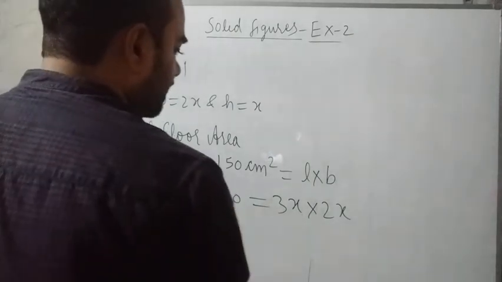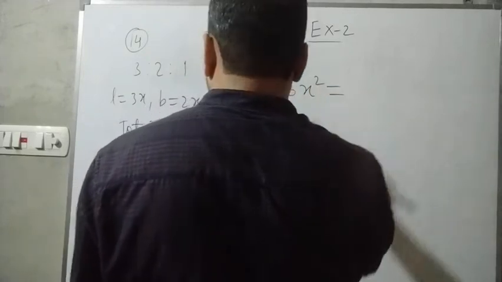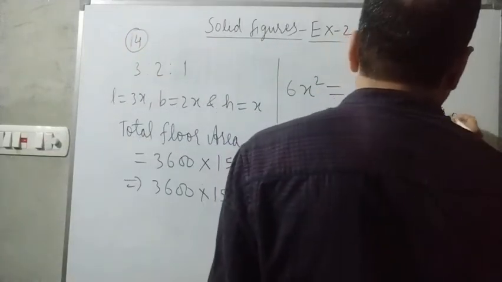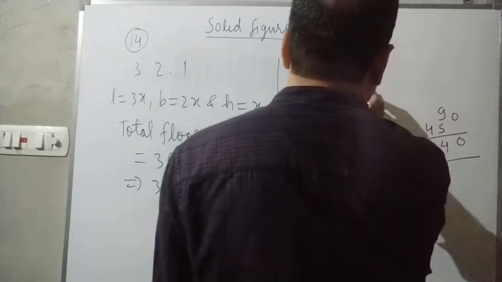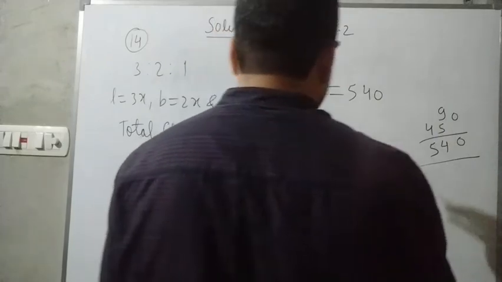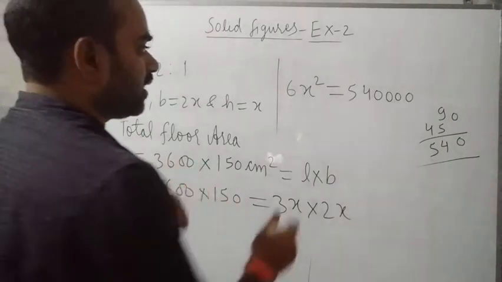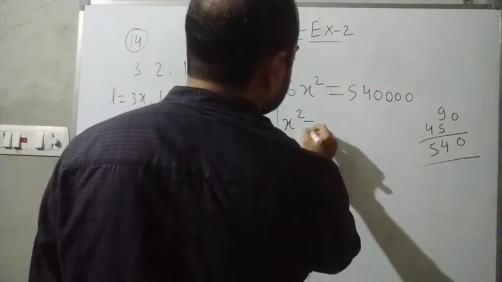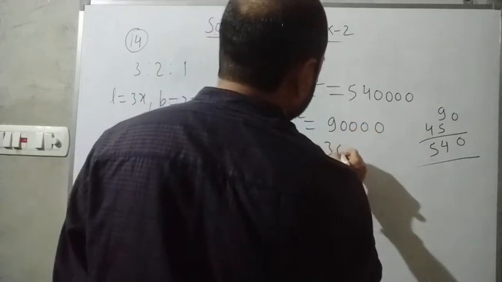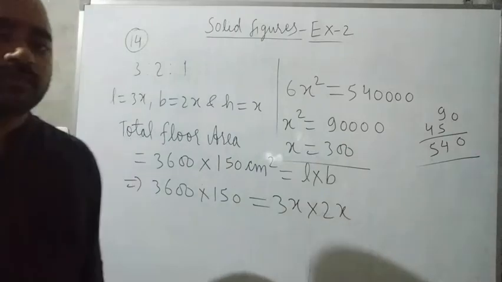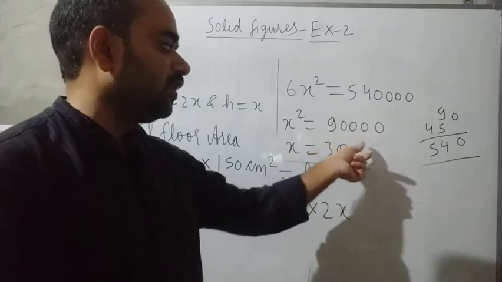Then finally we are getting 6x square is equal to 540000. Correct? Or you can cancel directly. Divide by 6, this will be 6 into 9, 4 zeros. It means x square will be 90000. When you take the square root, x will be 300.